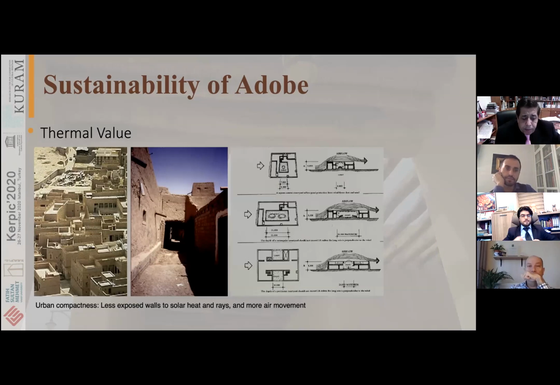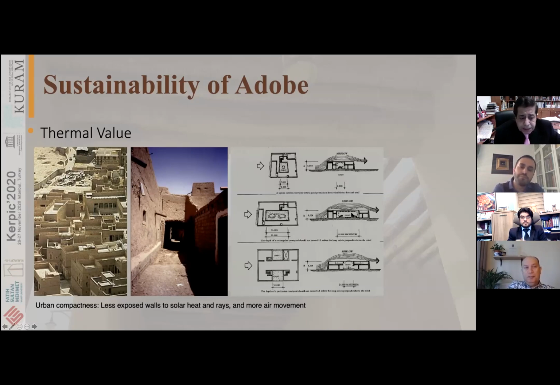This urban compactness means less exposure to solar heat and rays and more air movement, both in the urban scale because of the narrow alleys and streets in different directions, and in the architectural scale because of the courtyard.